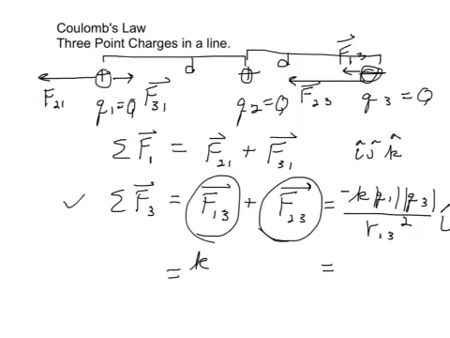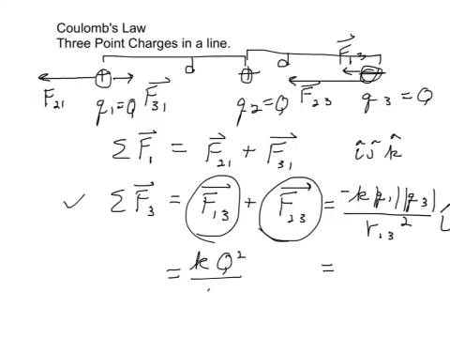So this would be K, in this case, Q squared over, now notice, I'm doing F13, so it's the distance from 1 to 3, and the way I've drawn it, if you can see through the messiness of this drawing, is 2D.